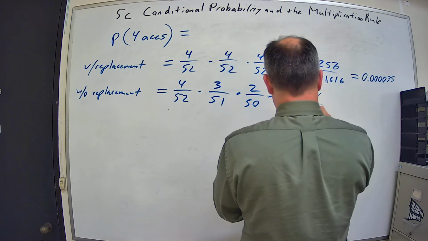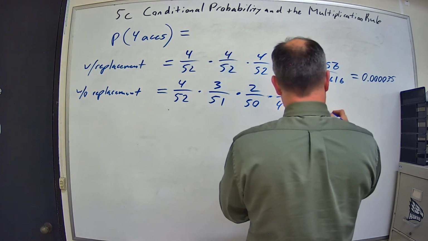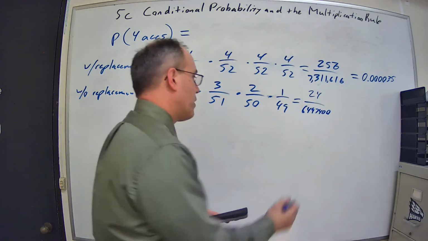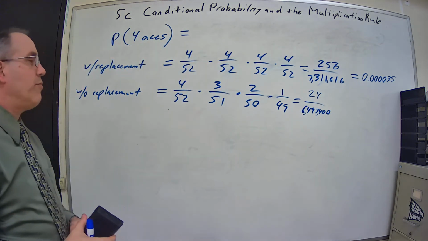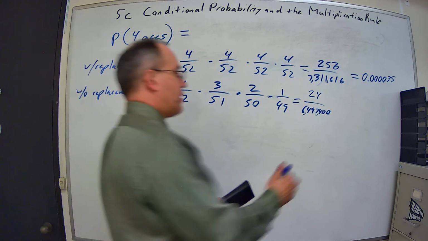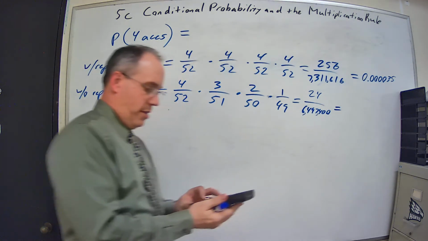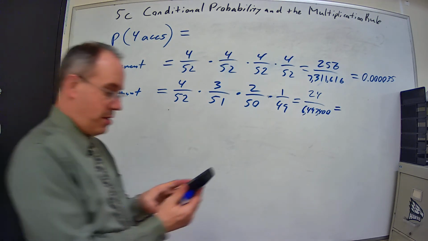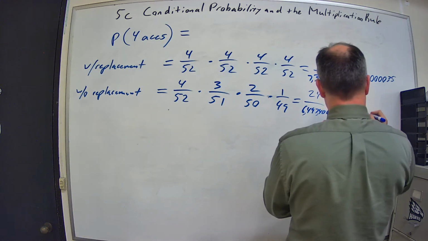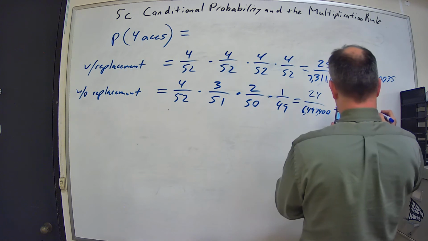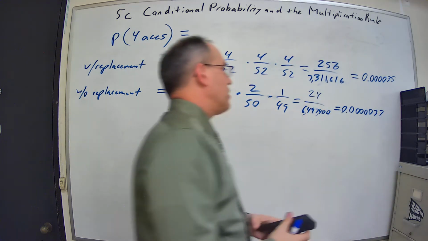So that's 6,497,400. And if I divide, I get 0.000037.